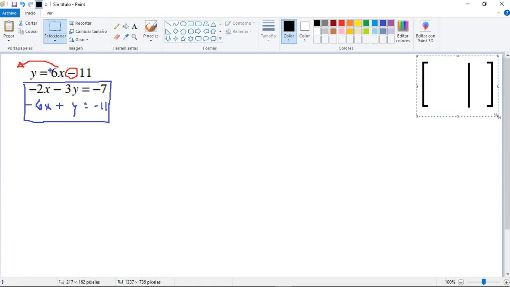What do we need to do? We need to get to this order, and you're not going to understand at the beginning what we're doing, but you're going to understand at the end. So the first thing I want you to do is to accommodate the equations.